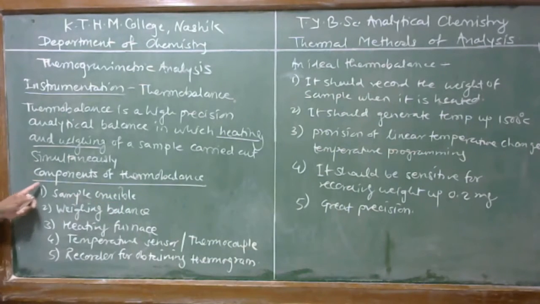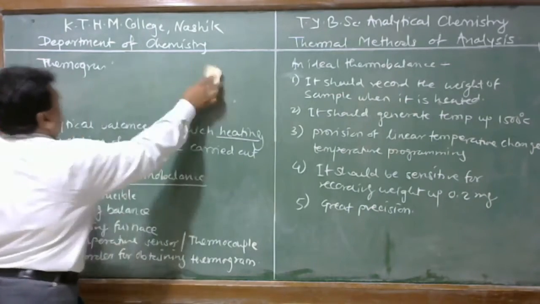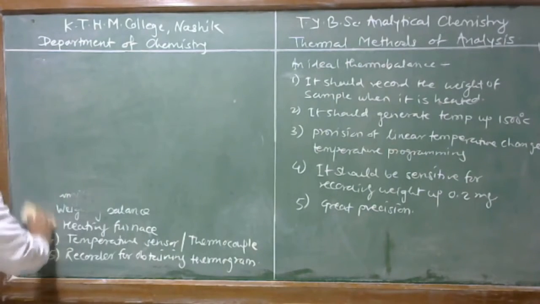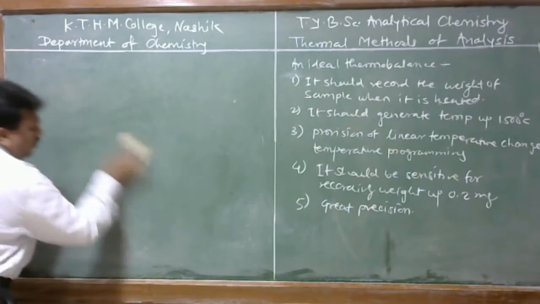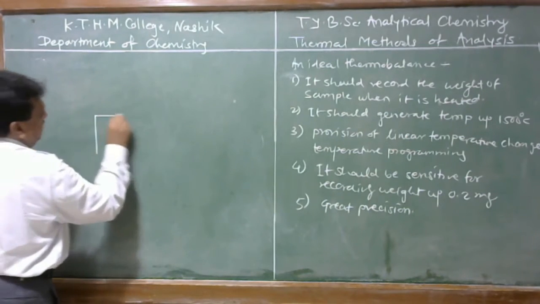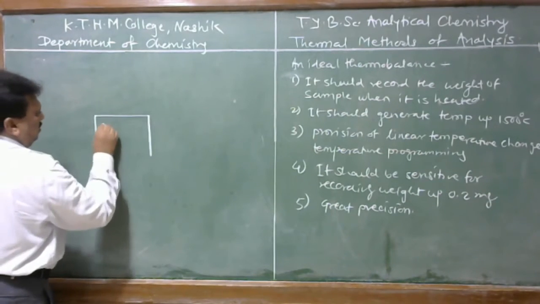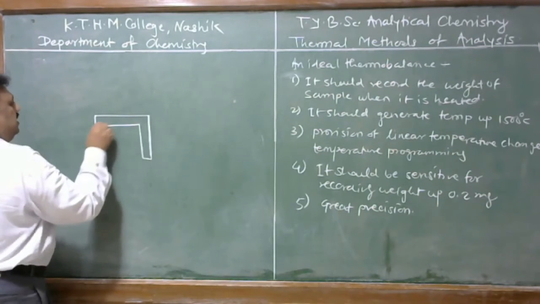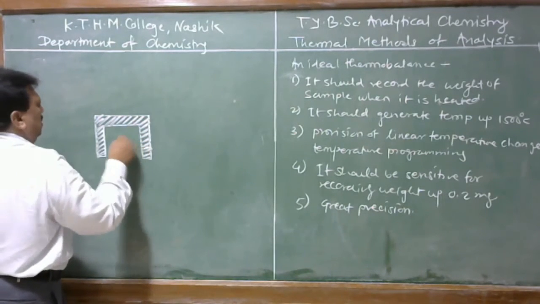Here we can draw a schematic representation of the thermobalance, and then we discuss its instrumentation. Now the thermobalance requires these five different components, arranged in this fashion. Here there is a furnace.